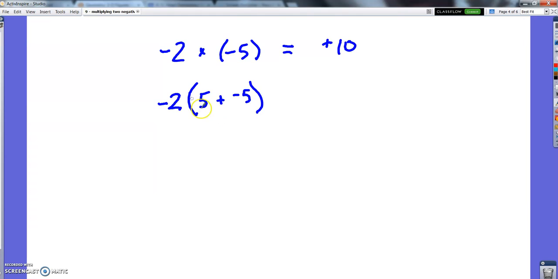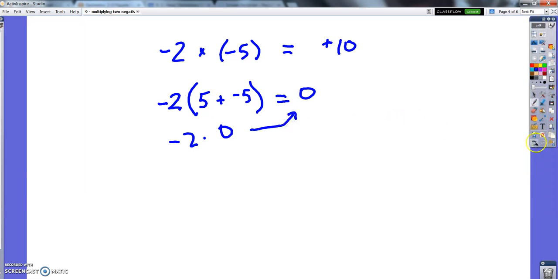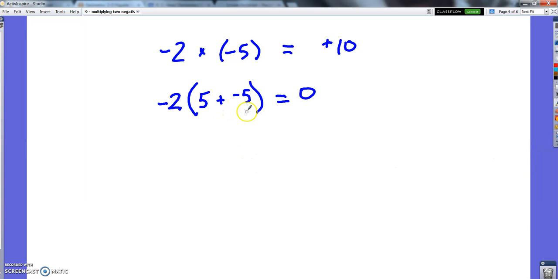So when I look at that, before I do any fancy math on it, you know this has to be 0. Because 5 plus negative 5 is 0, and negative 2 times 0 is going to be 0. Right, so I'm making a problem for you that I know and you know has to be 0. Okay, and so now I'm going to use the distributive property here.